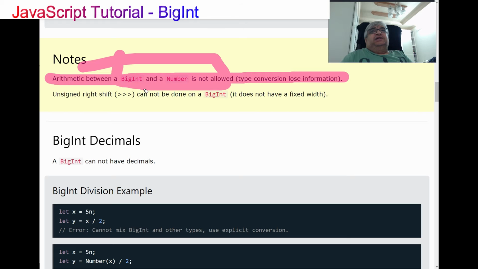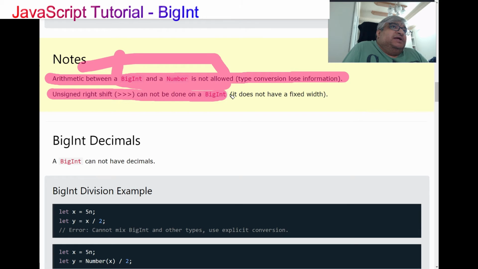You cannot multiply a normal number with a BigInt and similarly divide or do any other arithmetic operation between two different data types. That's not going to happen, and using unsigned right shift cannot be done on BigInt. It does not have a fixed width, right? So these are some important notes you need to remember.